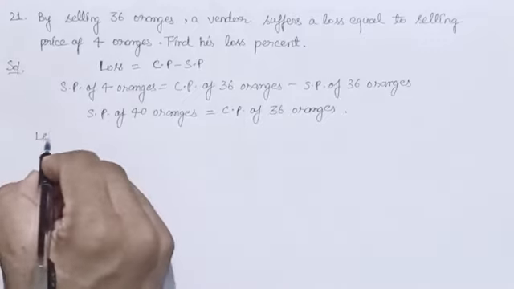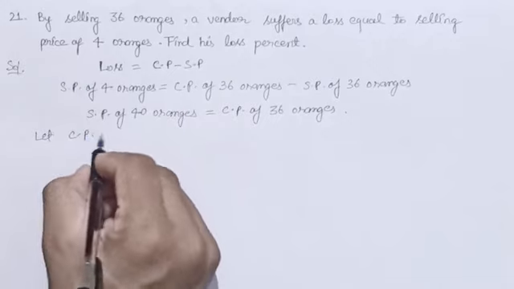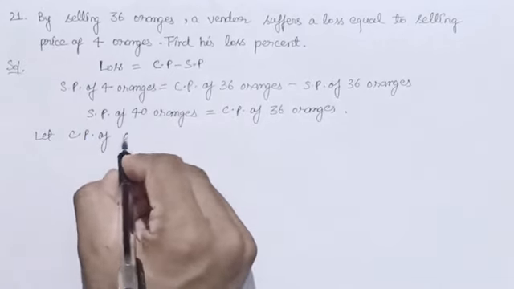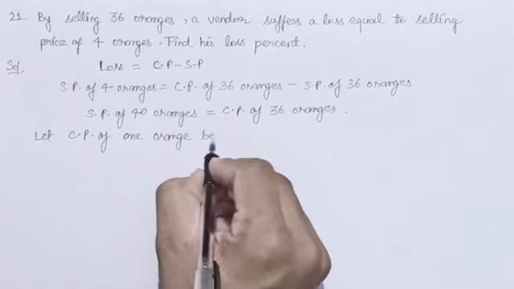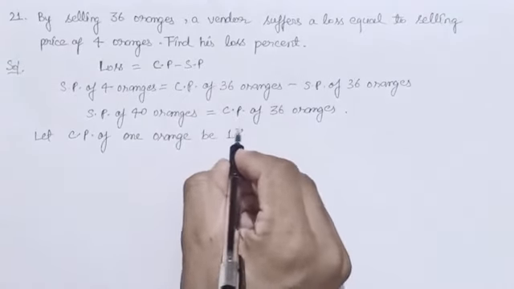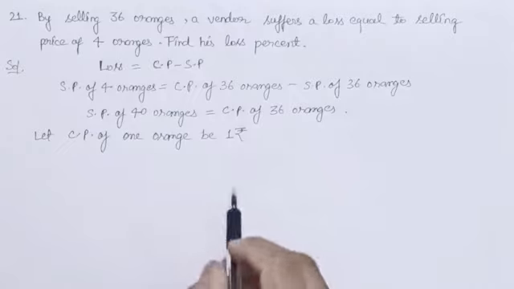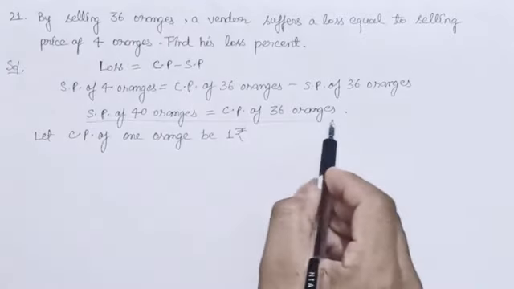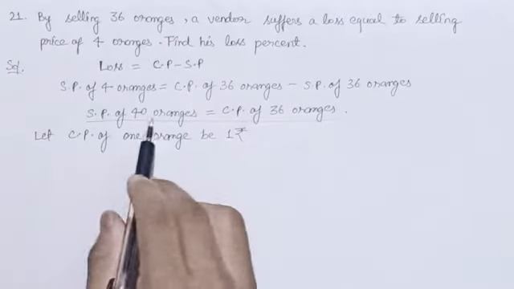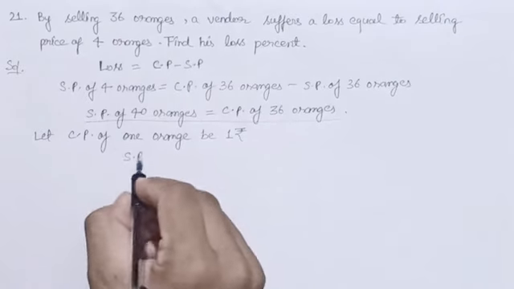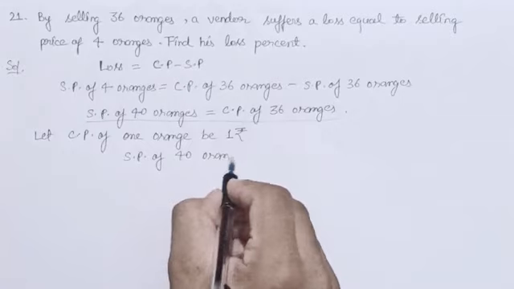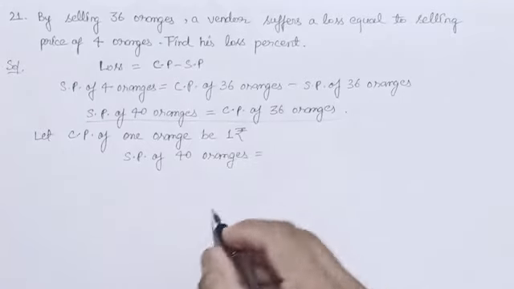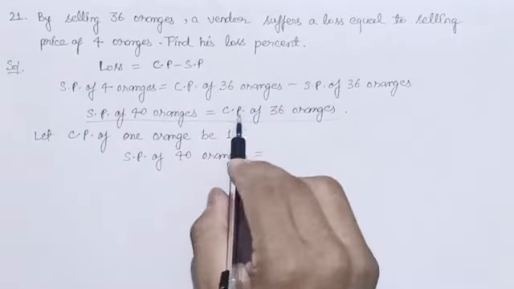Now students, let us suppose the cost price of one orange be 1 rupee. Then according to this, SP of 40 oranges is equal to CP of 36 oranges.